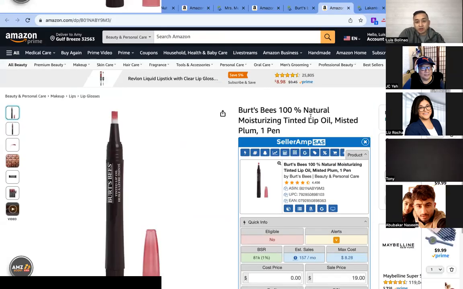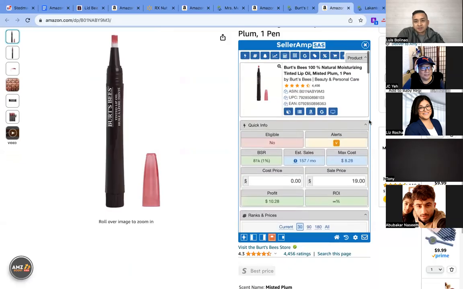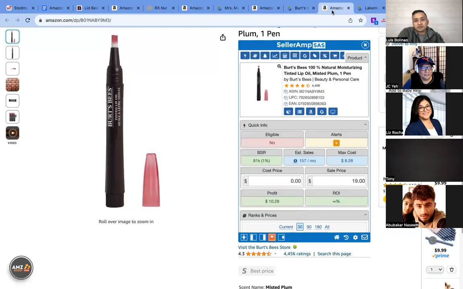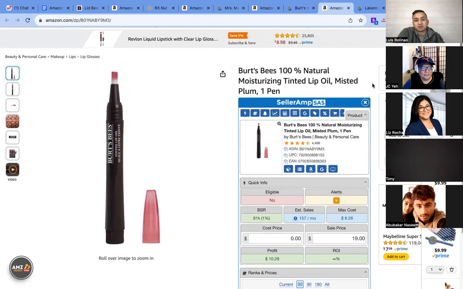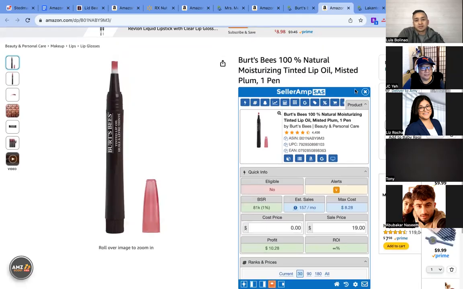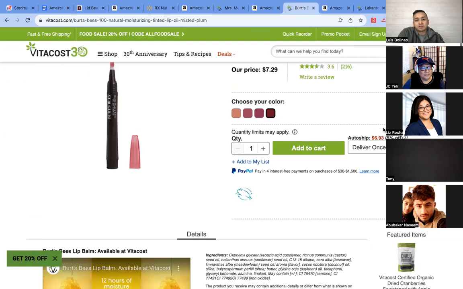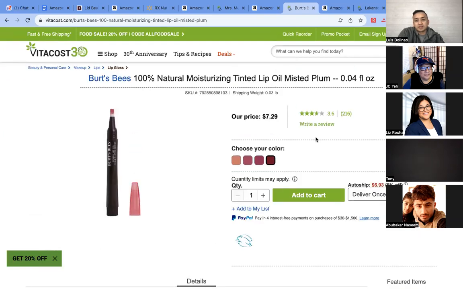All right. So back to product research. I usually look at the supplier website and the Amazon website right there. And then I plug in the cost, right? So this one is $7.29.